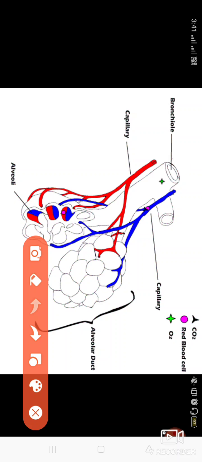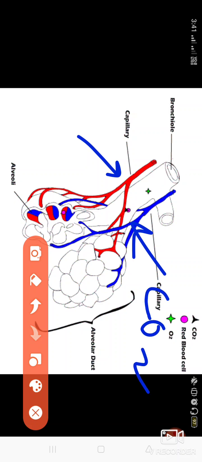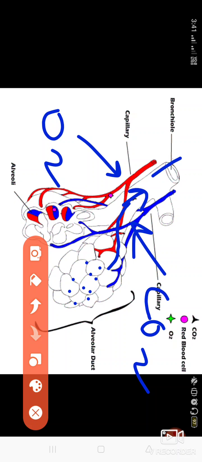So through the capillaries, you see these red ones and these blue ones, these are bringing the carbon dioxide, and these are taking the oxygen. Okay, so the carbon dioxide which is present in the blood, that is the outcome of the respiration process, is brought here to the alveoli sac, and through the bronchi it is moved outside the body.